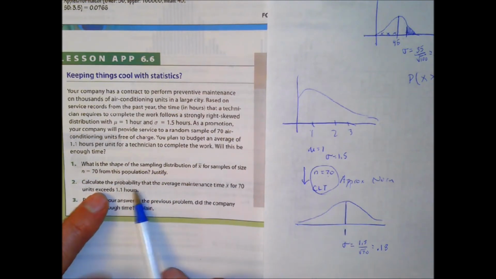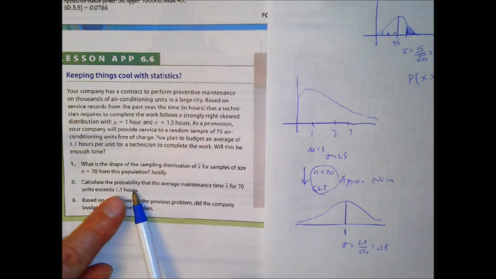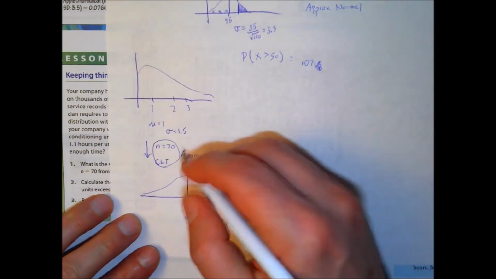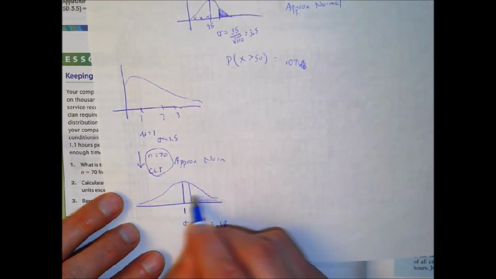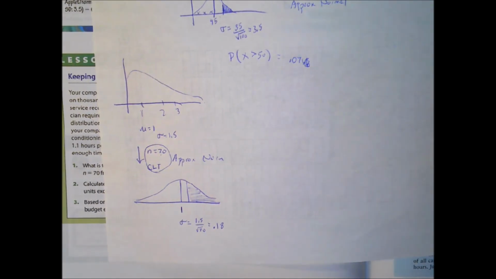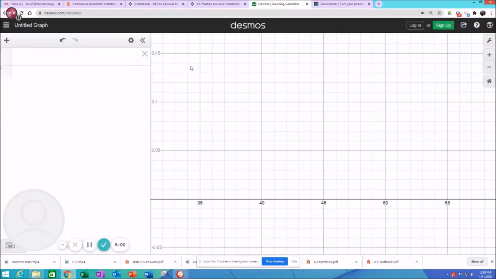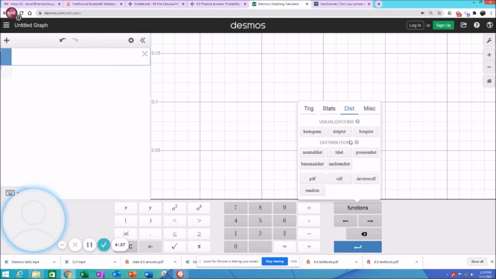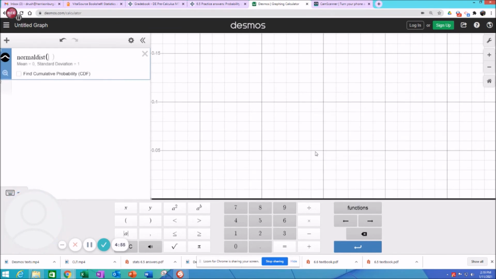Calculate the probability average maintenance will exceed 1.1 hours. So 1.1 will be around here, and we want to exceed that. So we'll go to Desmos and find that probability. Once again, we have the normal distribution with our mean of 1 hour and a standard deviation of 0.18 hours.